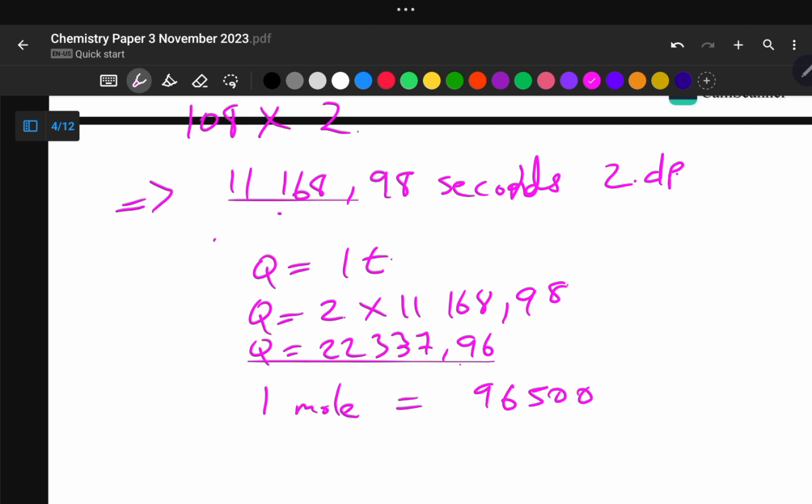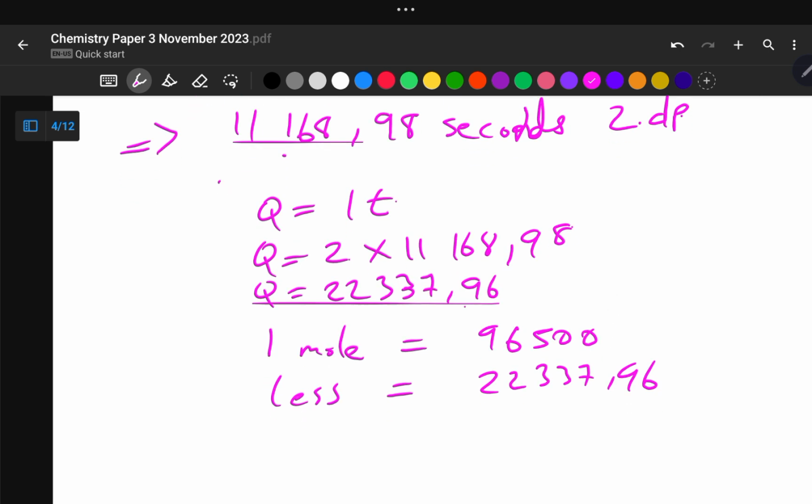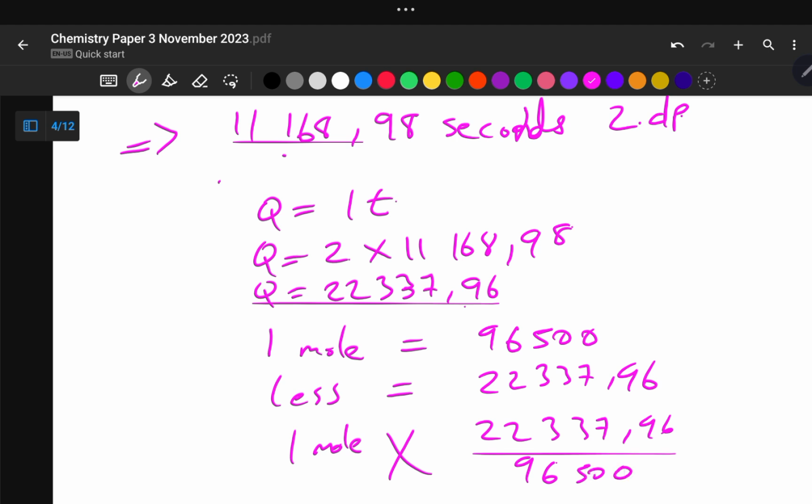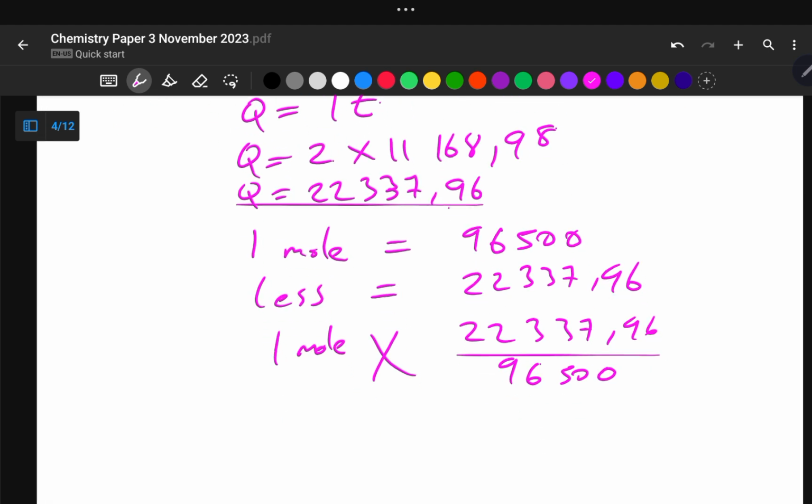The number of moles of electrons is equal to 22,337.96 over 96,500. Going to our calculator to divide by 96,500, it gives us 0.23148145 moles of electrons.